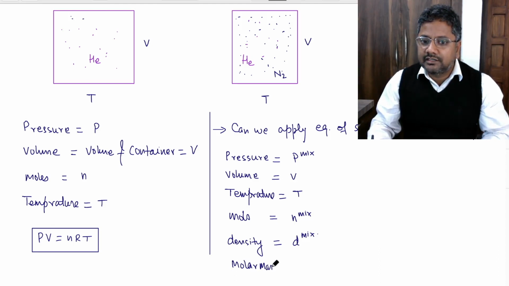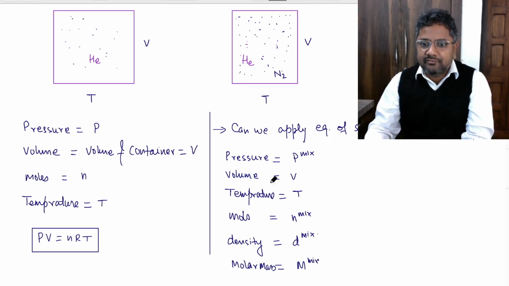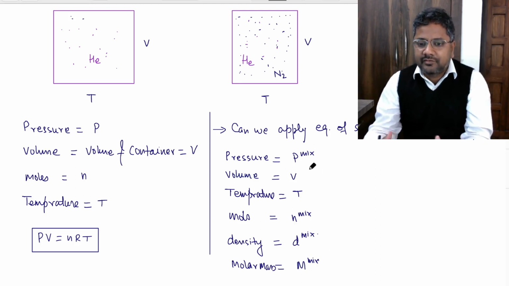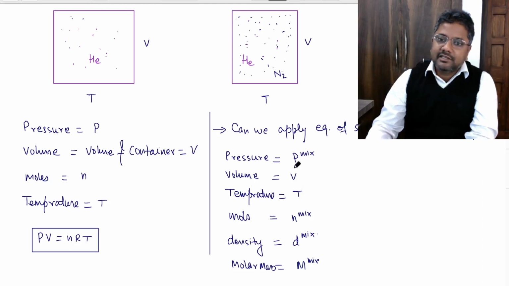In this case we write molar mass of the mixture, right? So in the case of a mixture, certain properties and variables change and take the value of the mixture, but certain properties that do not depend on the individual component, like volume and temperature for gases, or temperature for any matter, are the same.